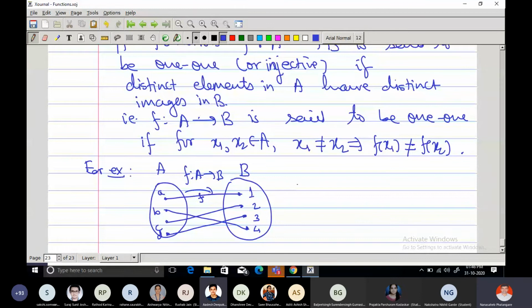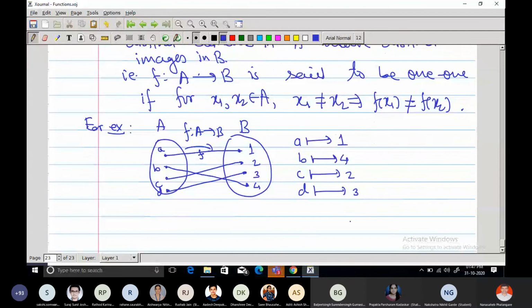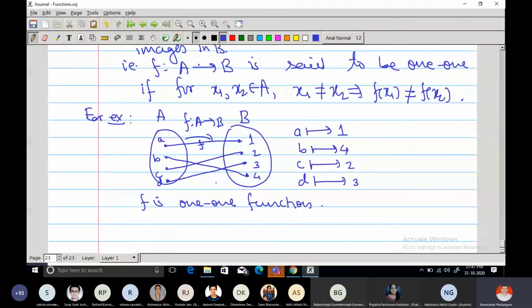Yes, sir. A is mapped to 1, B is mapped to 4, C is mapped to 2, D is mapped to 3. So this is a function because every element of the domain is mapped to some element and it is unique. So f is a one-one function. Is it true? Yes, sir. Distinct elements are mapped to distinct points in the codomain.